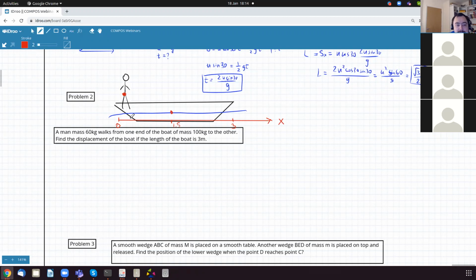What happens? The person walks a distance, but the boat shifts to the left.